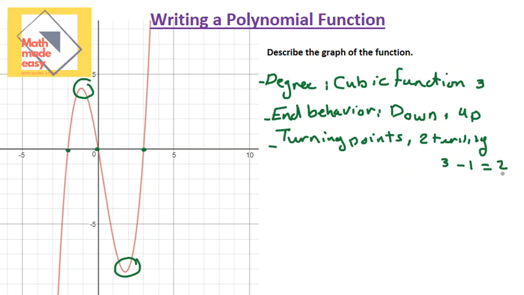It doesn't always show, because of different reasons like multiplicity and imaginary roots, but I know for sure that the most number of turning points is 2. So it's going to be 2 or less, but it can never be more than 2. Now we have discussed the degree, the end behavior, and the turning points.